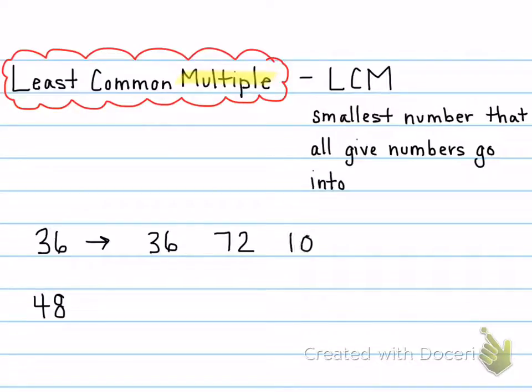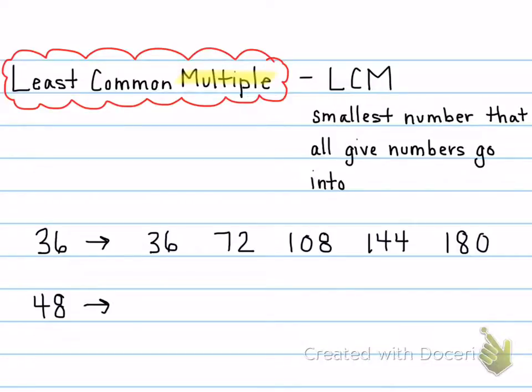Now you're going to have to do some calculations when you do this. 4 times 36 is 144. 5 times 36 is 180. You just got to keep going as far as you think. And then try the other number for a little while and go back and forth if you haven't found one yet. 48, I'll try 48 now.